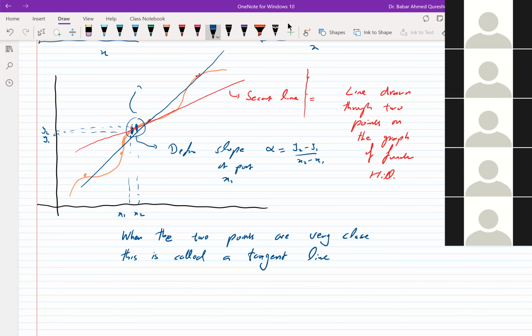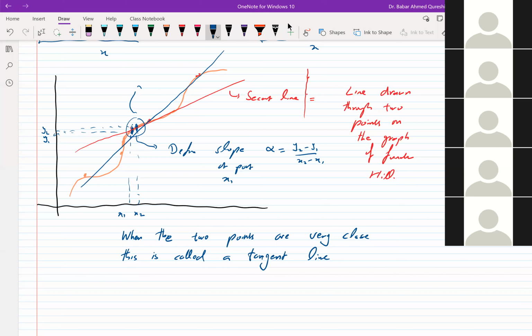To define a tangent line precisely, you need the idea of a derivative, but intuitively, it's just the line which is grazing the graph at that point. It's touching it at one point, and it's going in the same direction as the graph.